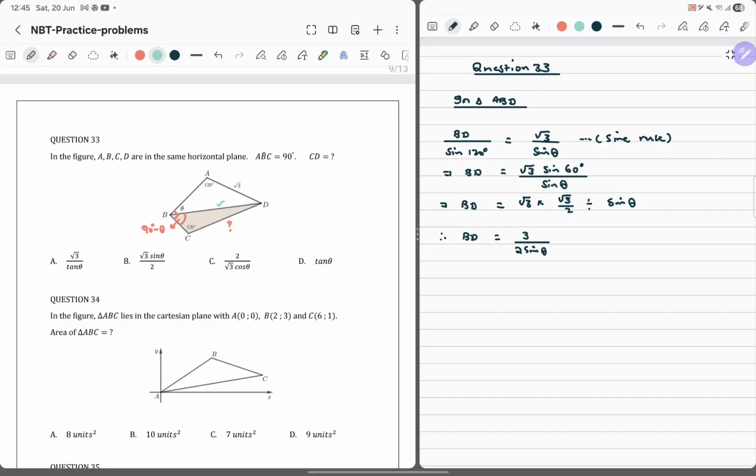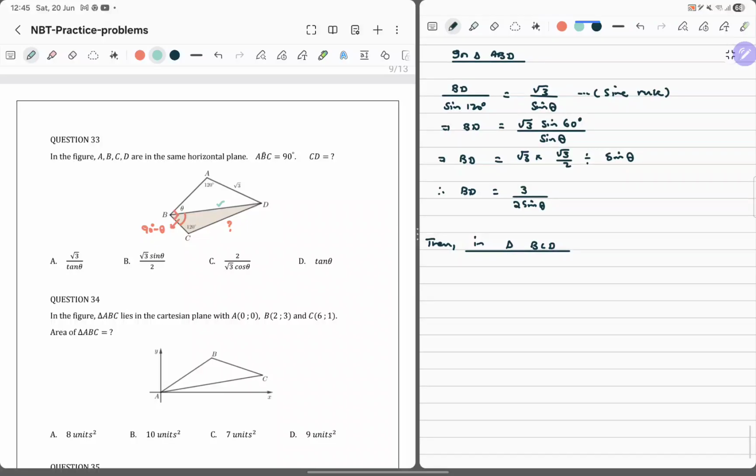Now what do we need? We have now BD. We can say then in triangle BCD, what do we know?